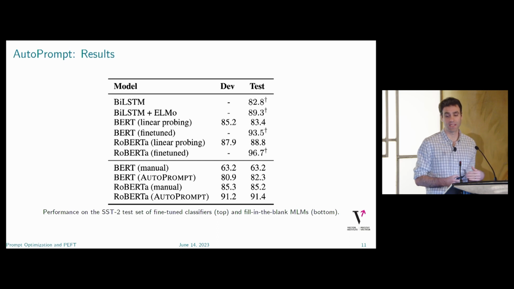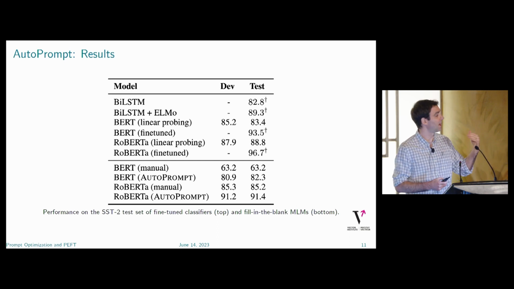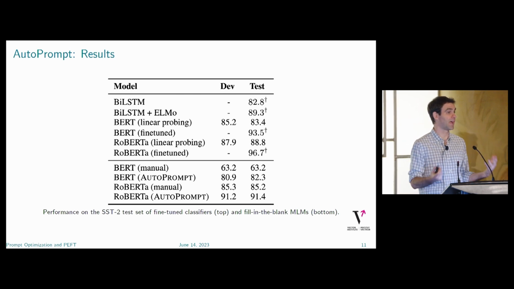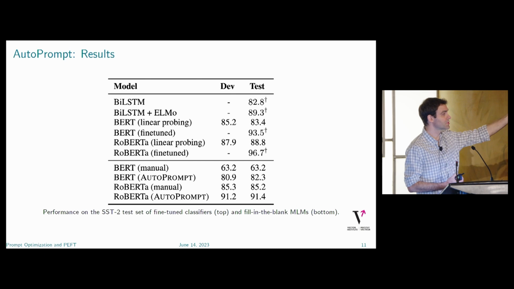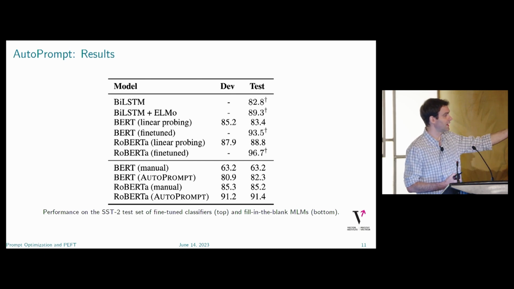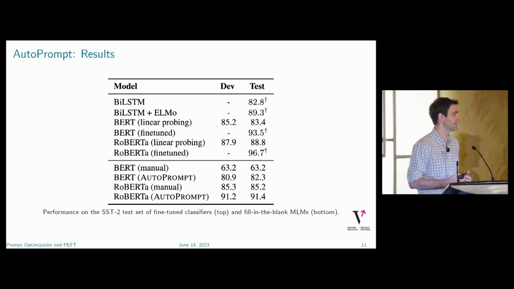You can see that there's a large improvement using AutoPrompt over the manual prompt design for BERT. In the case of RoBERTa, you don't get to fine-tuned performance, but you do surpass something like linear probing, and you get really competitive performance. And this type of thing improves as you move up in terms of model size.